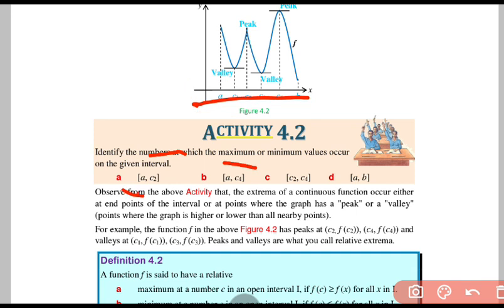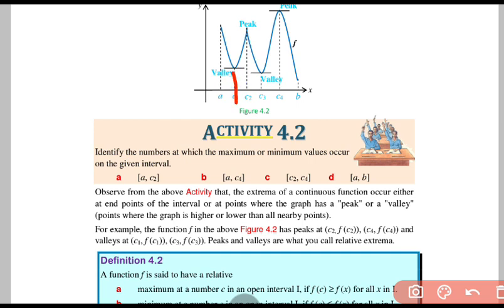Take a closed interval a, c2. This means from a up to c2 there is a maximum or minimum value. This is minimum because of c2.